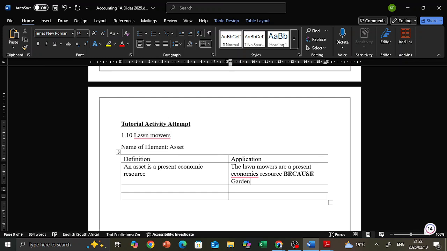Gardens has a present legal right, or you can just state that they have a right. If you don't write "because", I try, I won't lie.